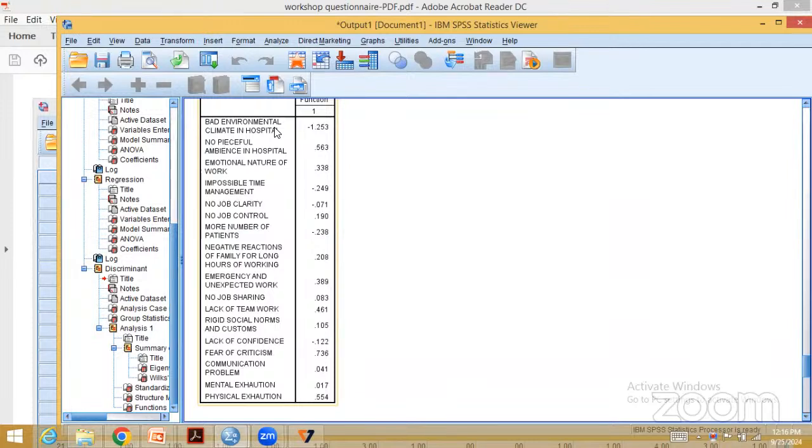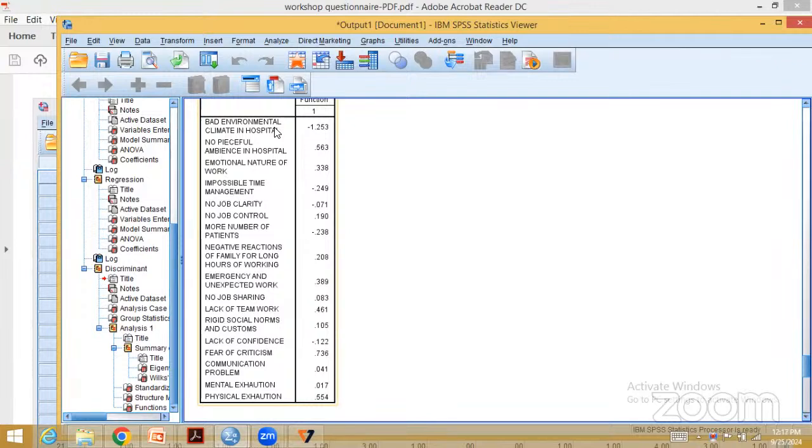Therefore, from the coefficient matrix, we select the variable having the highest negative coefficient. The highest negative coefficient is for bad environmental climate in hospital, so we can say that it is the most dominant factor which creates job stress among the gynecologists working in the government hospital.